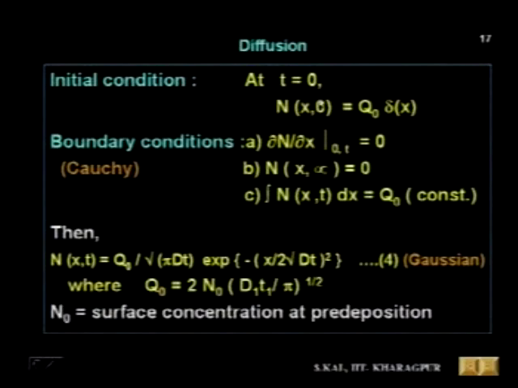If you use this initial condition and these boundary conditions in Fick's second law, then the diffusion profile, the solution, is N(x,t) equal to Q0 divided by square root of pi Dt, times the exponential term. Okay. In the next class I will start from the same slide and continue this diffusion, that is constant total dopant diffusion. Okay. Thank you.